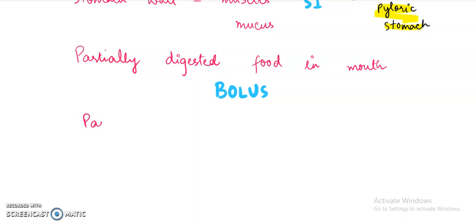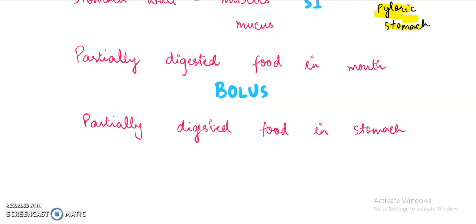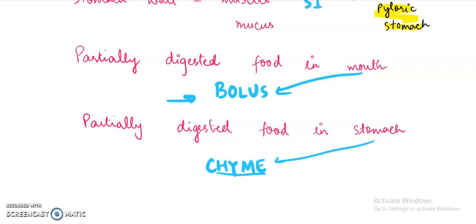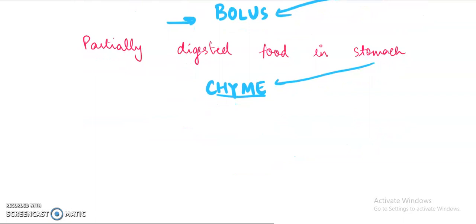And the partially digested food in the stomach has got a specific name, and that name is chyme. Both the terms should be clear to you. Bolus means in the mouth and chyme means in the stomach, right? I hope everything is clear to you.